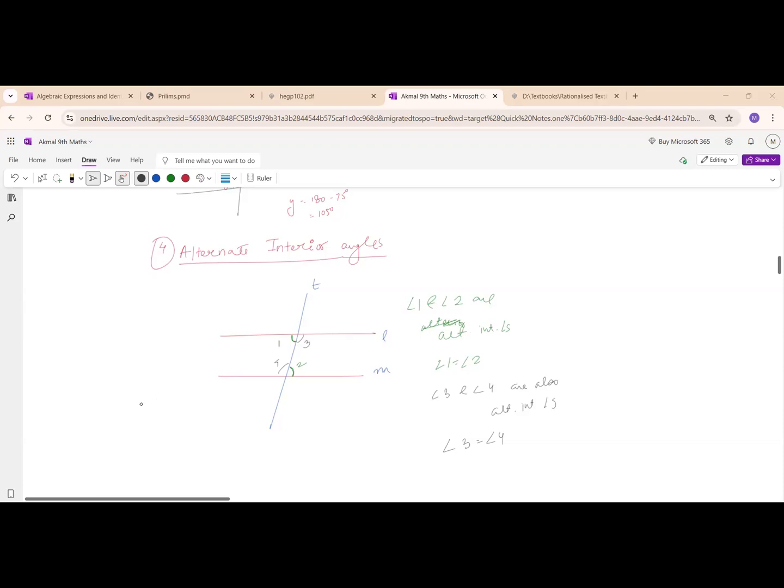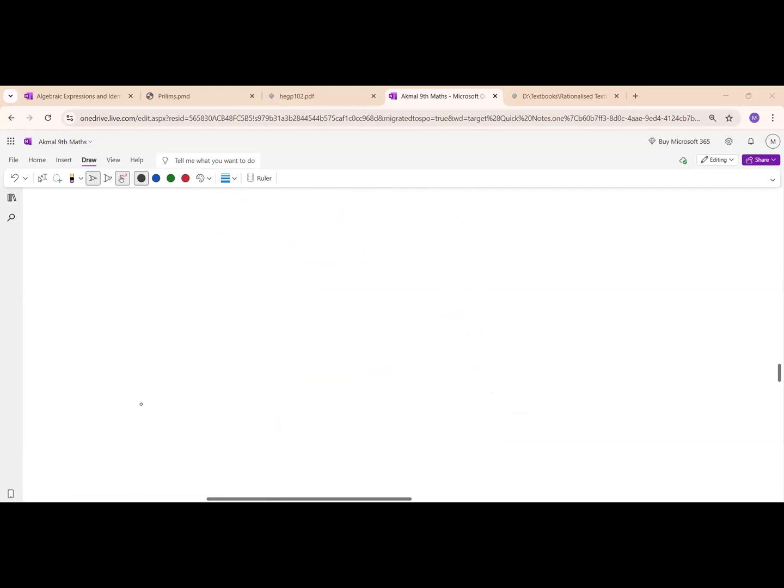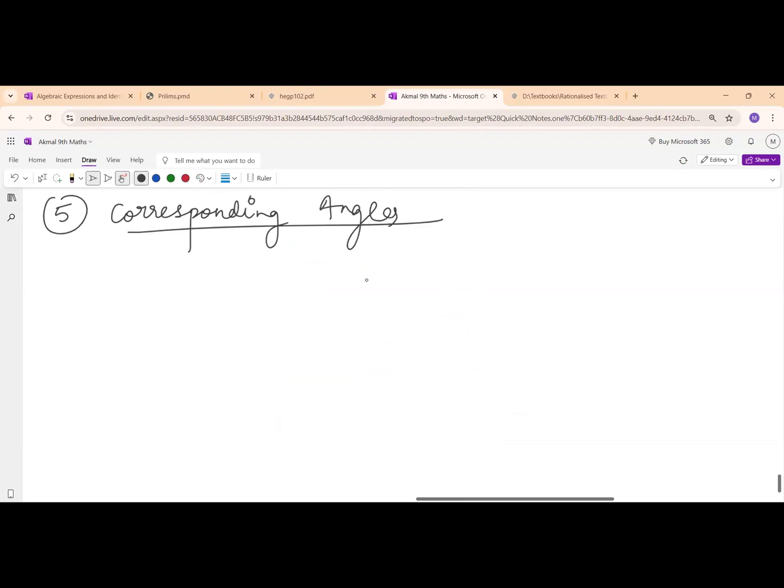Okay, Akmal. The last type of angles which we are going to discuss is corresponding angles. Again take a pair of parallel lines, and they are cut via a transversal.